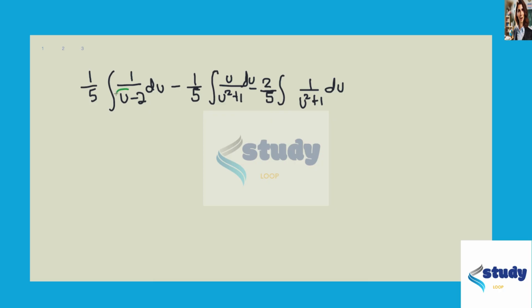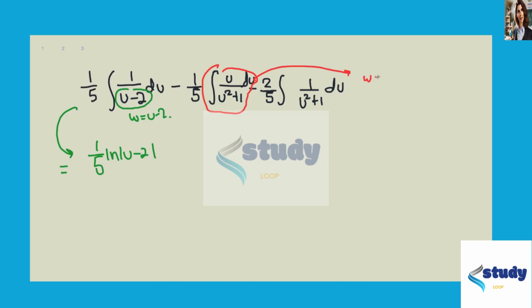For the first integral, if this minus 2 is bothering you, do a u substitution. You'll get 1 over 5, natural log, u minus 2, for the first integral. Then for the second, you can do a u sub here as well. So let w be u squared plus 1. dw over 2 is just u du.